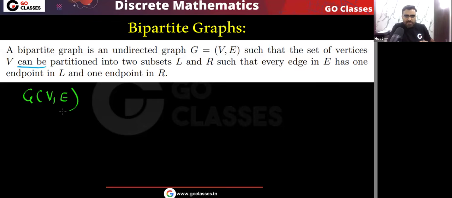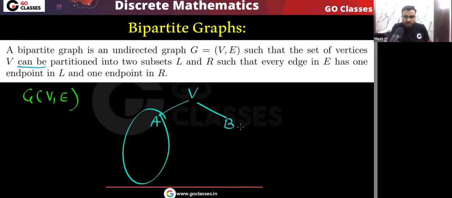Basically this graph will be called bipartite if I can divide all these vertices into two parts. Of course these two parts must be disjoint. The vertices that you have here and the vertices that you have here must be disjoint, so their intersection must be phi.